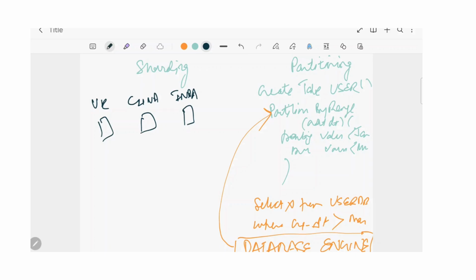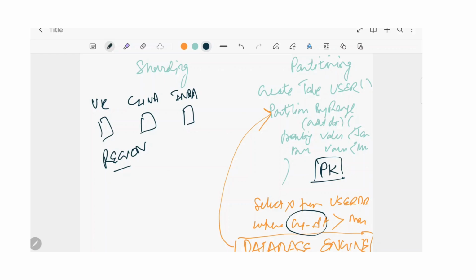I would like to highlight one thing here. The keyword partition key is very important. What is the partition key here? I would say creation date. Similarly, we have a sharding key here. Here we have sharded with region.